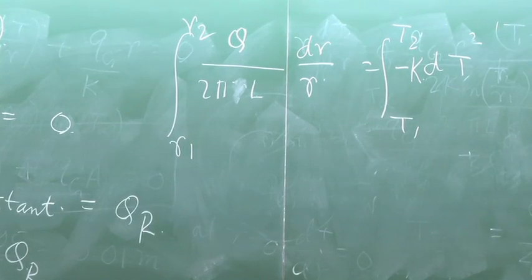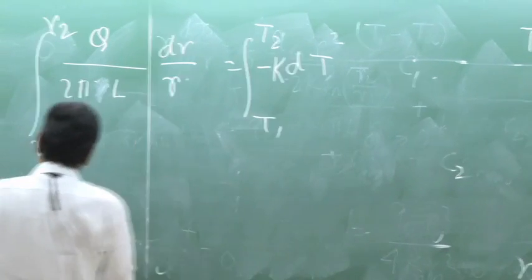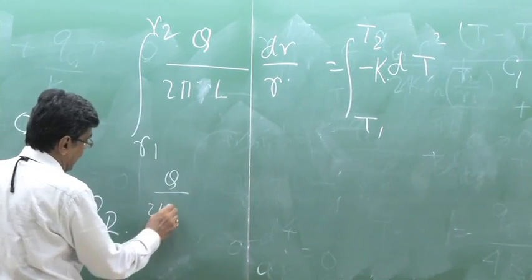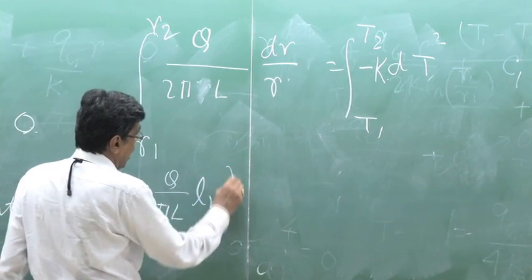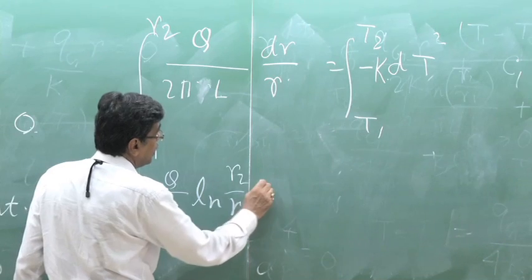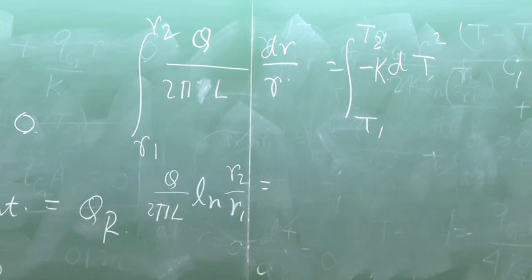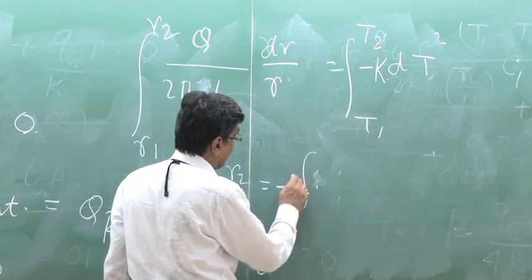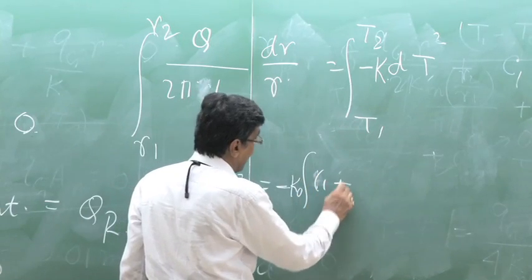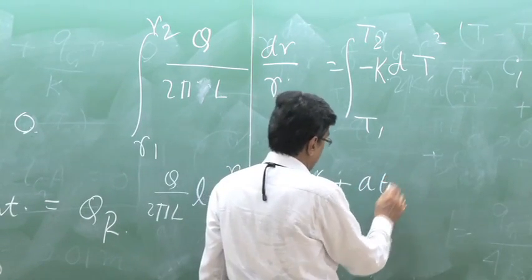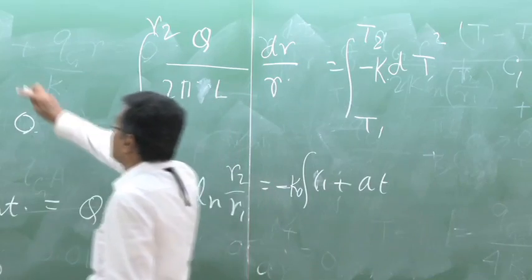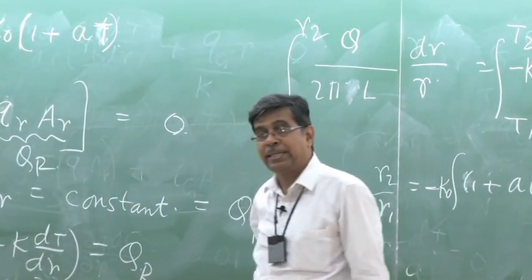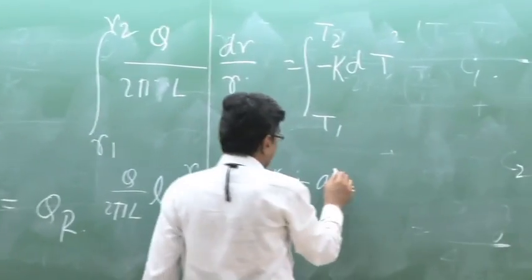Okay? Q is constant, so Q by 2 pi L ln(r2/r1) is equal to, now K is K0 (1 plus A T), so minus K0 into (1 plus A T) dT. Here, this book's nomenclature is that it is a function of temperature T; small t is for time.